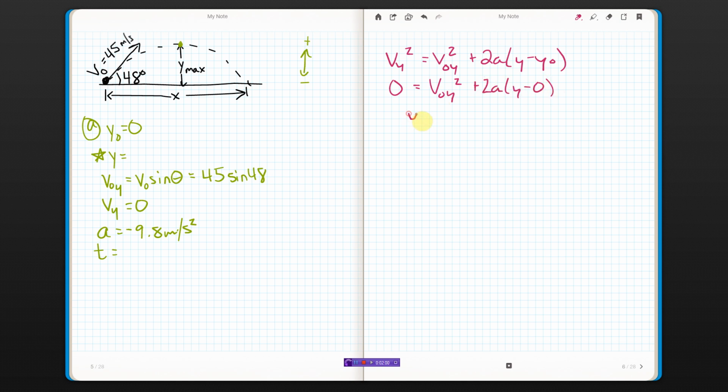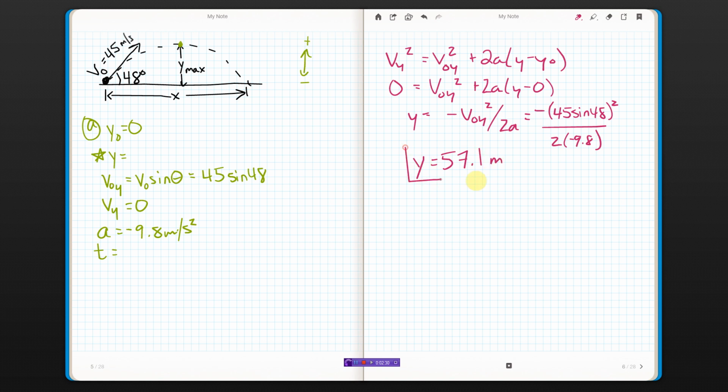So when I solve for y, I end up with negative v naught y squared over 2a. If I plug the numbers in, don't forget to square it. Then in the end, what I get is that y is 57.1 meters.